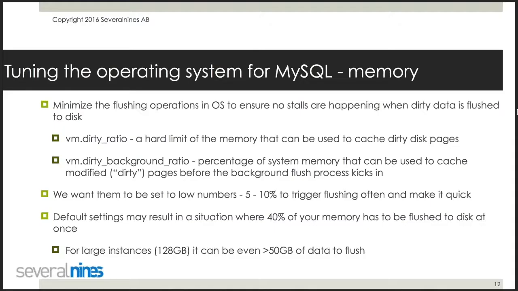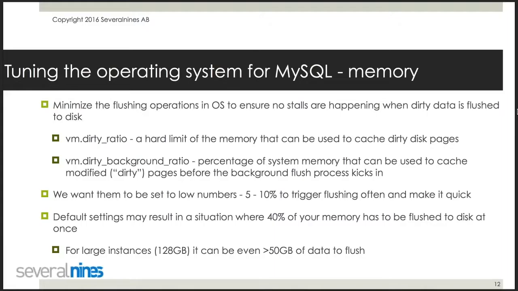So less memory means that the flushing will be triggered more often, and the amount of data to store to disk will not be that big. Of course, default settings may vary between distributions, but some of them have those variables set to something like 40% of your total available memory.